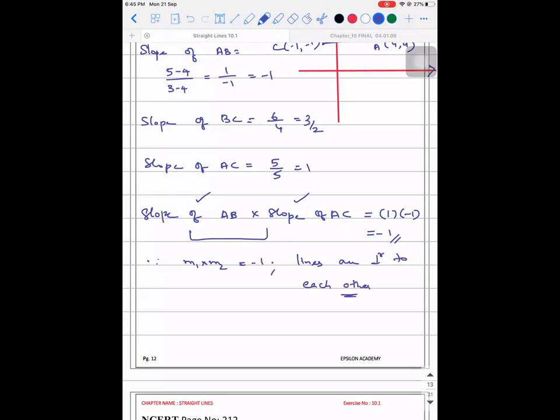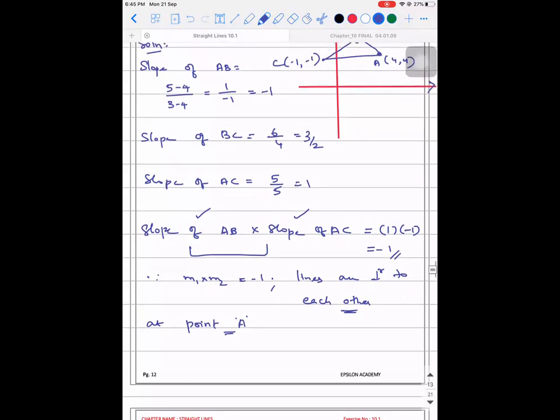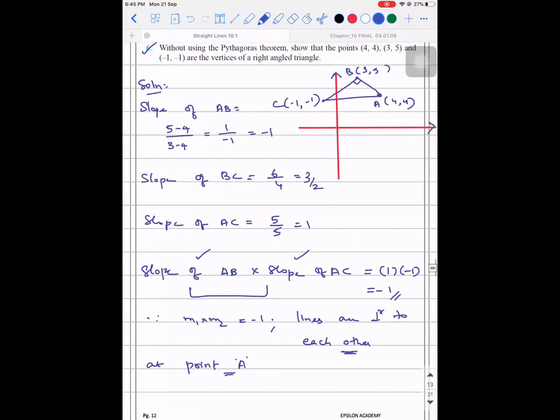Lines are perpendicular to each other. At which point? At point A. So how did I conclude at point A?